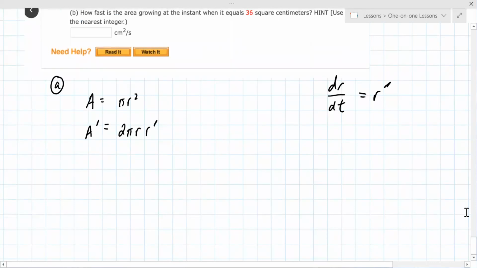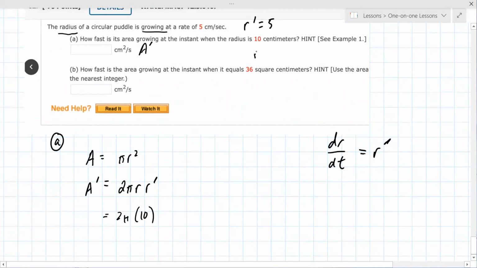We're solving for A prime. So we've already got the formula there. Do we know the radius? Yes, the radius is 10. It's given in the question. Do we know r prime? Yes, it's 5. So this is 100 pi.